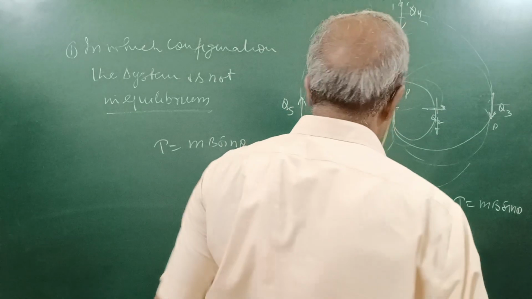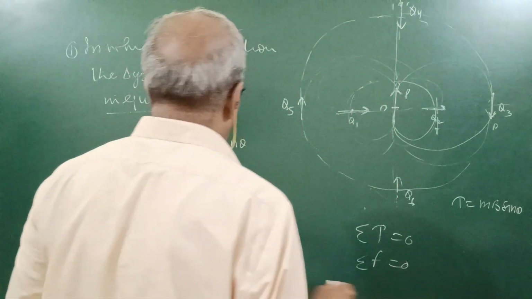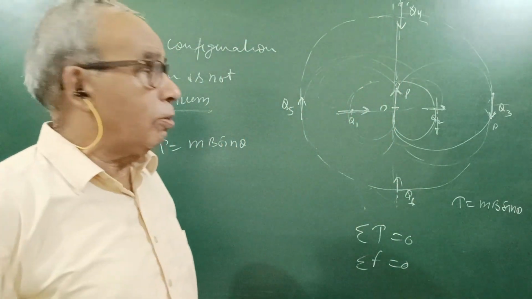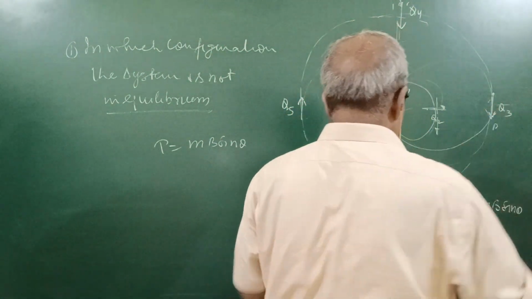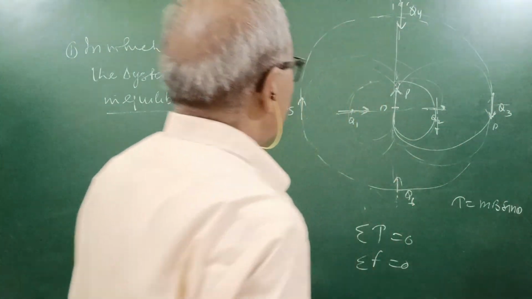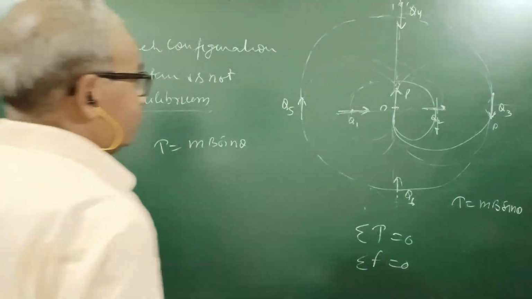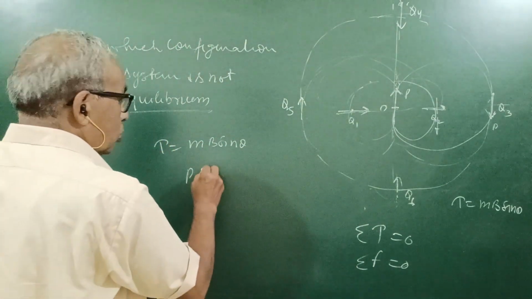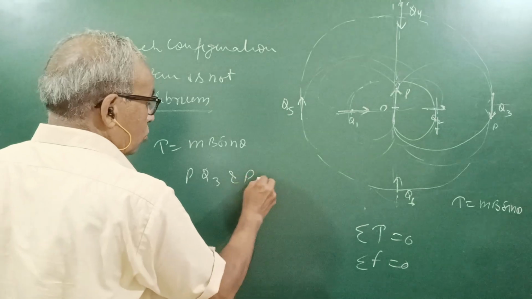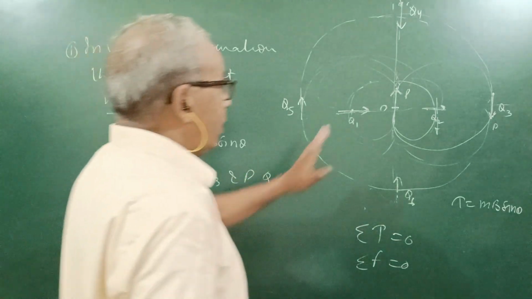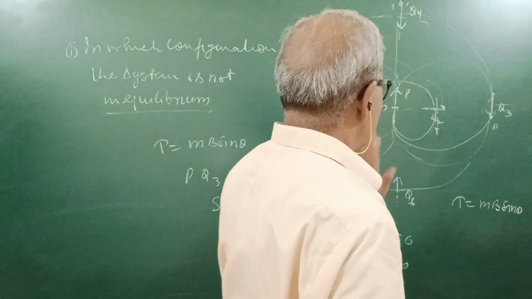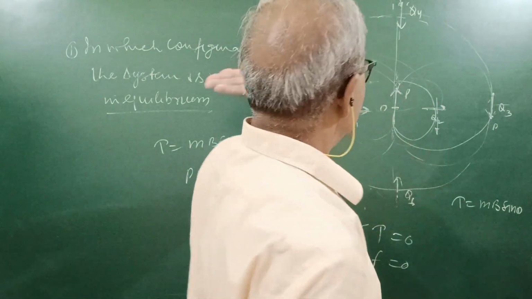So equilibrium, and I told you when M is parallel to B there is stable equilibrium. So PQ3 and PQ6 are in stable equilibrium. That means if the magnet is here, equilibrium; if the magnet is here, equilibrium.